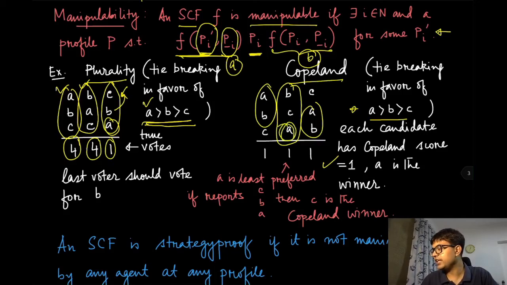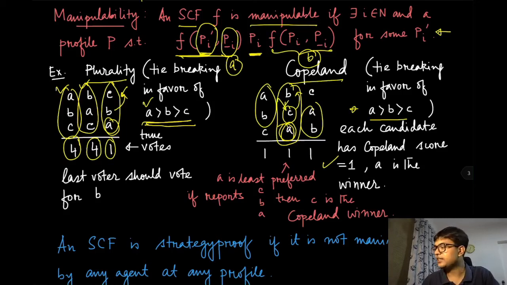If it reports, let's say, C above B, then at least it gets C to be the winner, because in that case C will beat even B in a pairwise election, so C will be the Copeland winner. Therefore C is a strictly preferred alternative to A, which was going to be the winner otherwise.